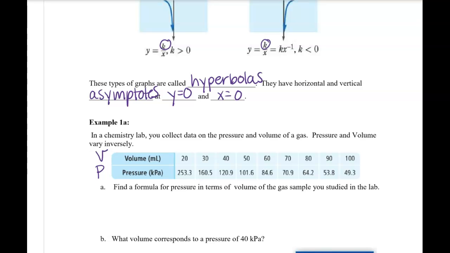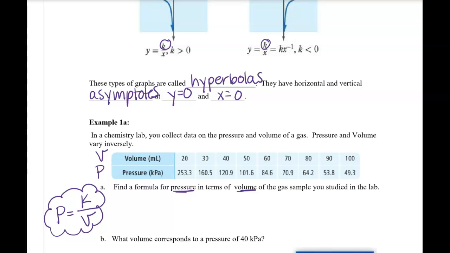If pressure and volume vary inversely, then we know that p equals k over v. It would be equivalent to say v equals k over p, but for part A, we're finding a formula for pressure in terms of volume, so that's why it's p equals. To do that, we have to come up with an average point.